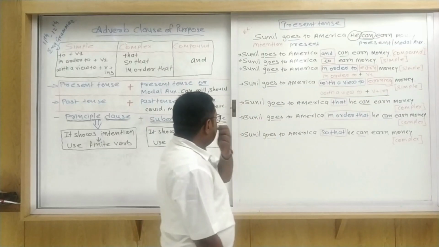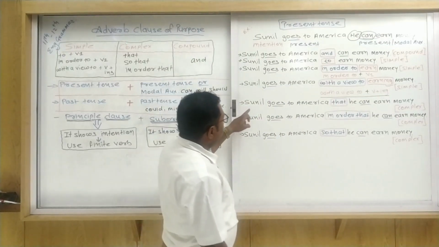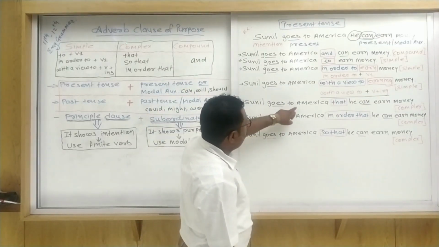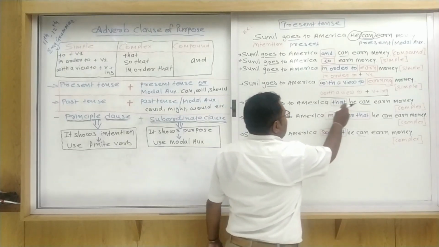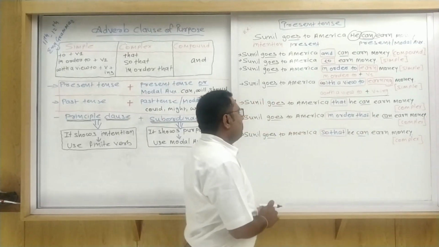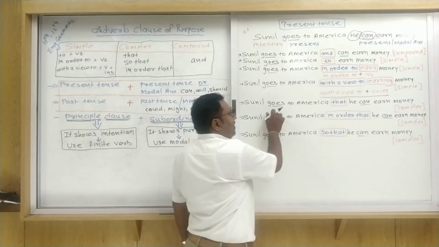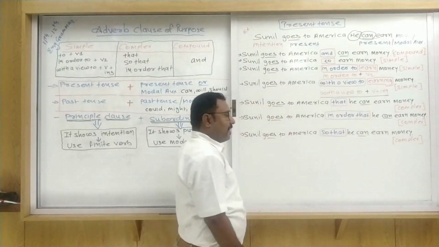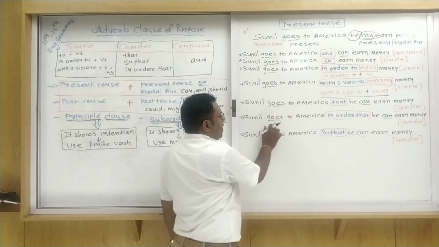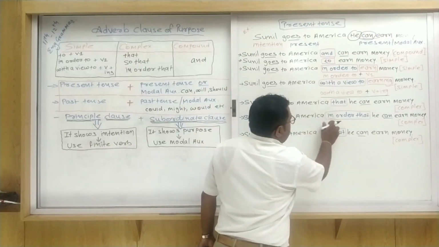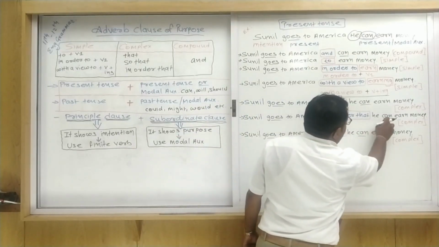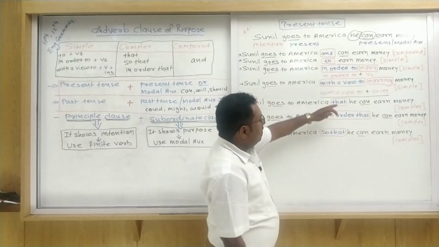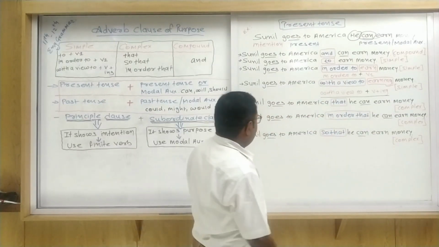Okay. Now suppose I use here that. So: Sunil goes to America that he can earn money. Here present tense is given, that is why we use can. Next, Sunil goes to America in order that he can earn money. Both the structures are the same.